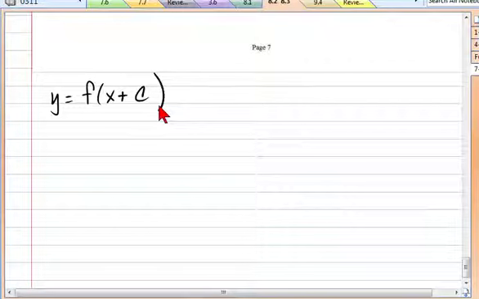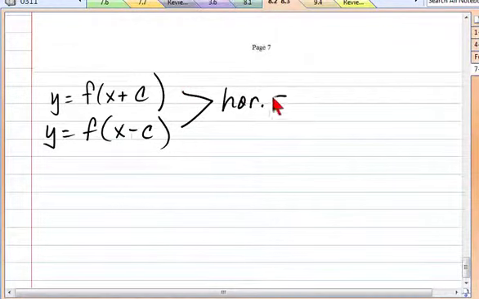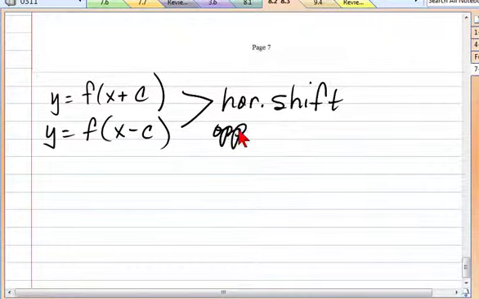So if you have y equals f of (x plus a constant), or y equals f of (x minus a constant), these are both going to be horizontal shifts opposite of the sign.